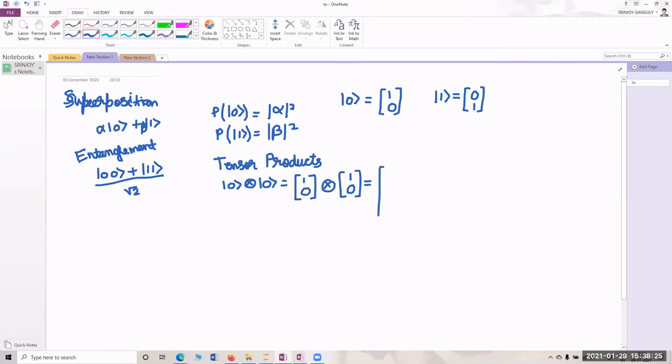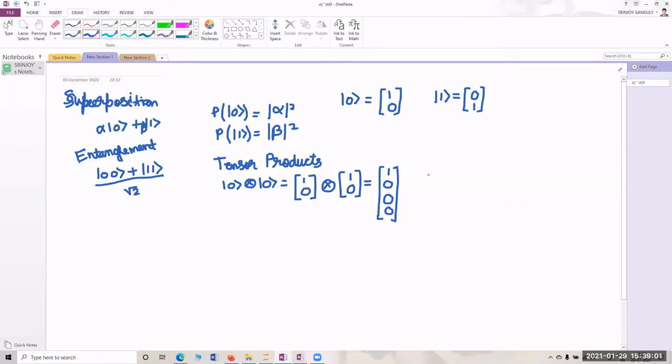You take this element 1 and multiply it with both the elements of this second qubit. So 1 into 1 means 1, 1 into 0 is 0. Then you take this element and multiply with these two elements again, just as we did for the 1. So 0 into 1 is 0, 0 into 0 is 0. And that's essentially your 00 state.